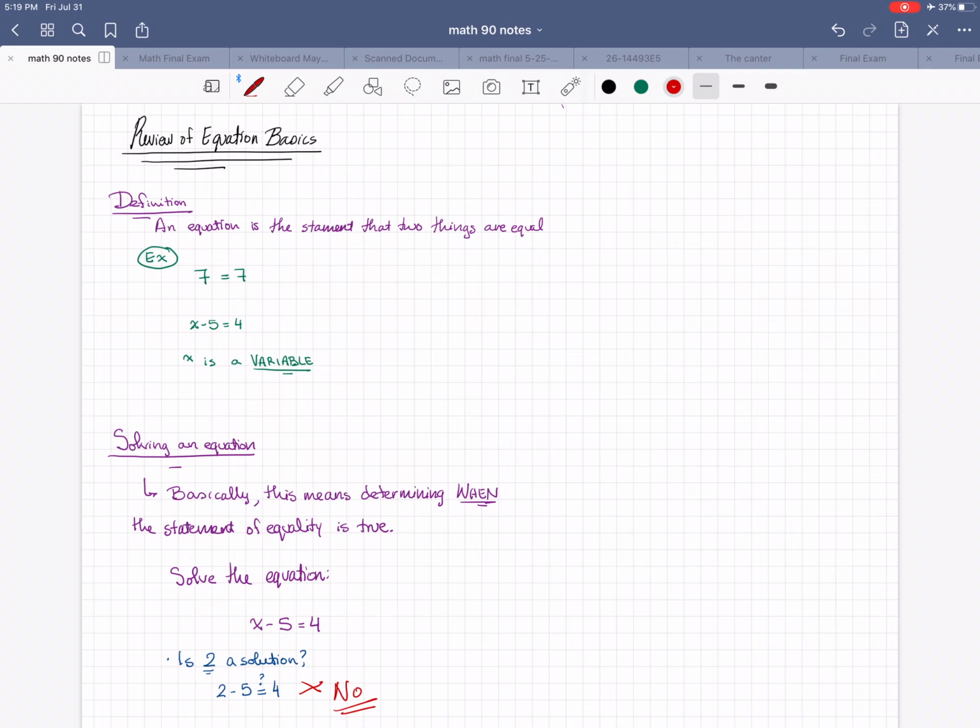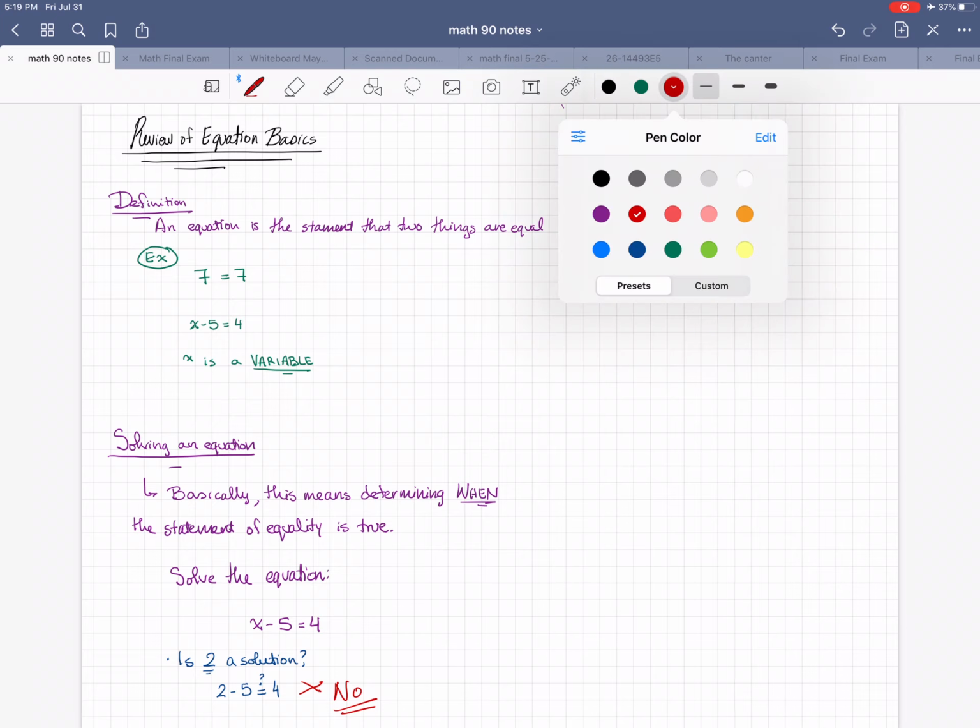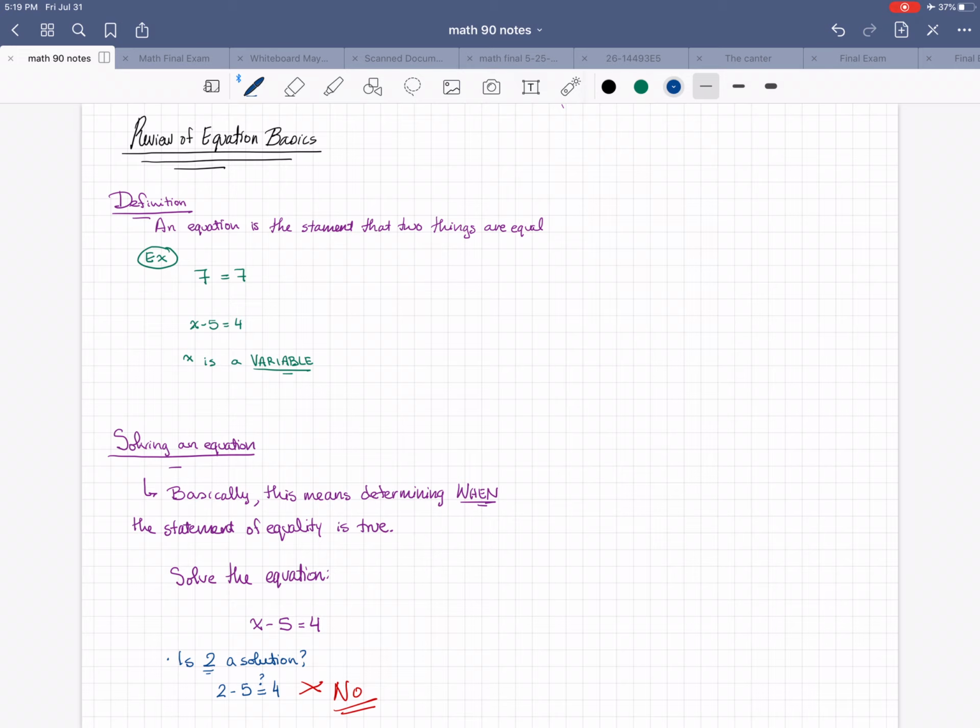Well, but then what is? Let's think. What is the number that when you take 5 away from it, you get 4? In a sense, we're reverse engineering, right? If you ended up with 4 after you took away 5, where did you start? Oh, well, you must have started with 9.